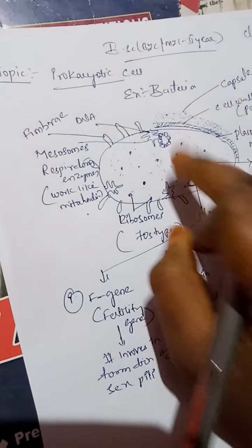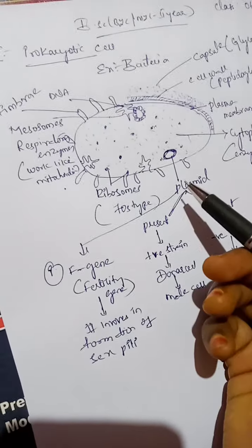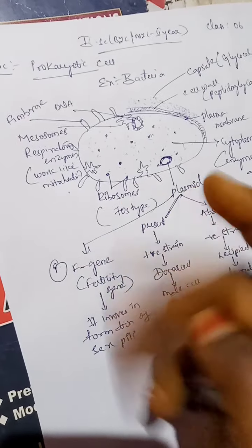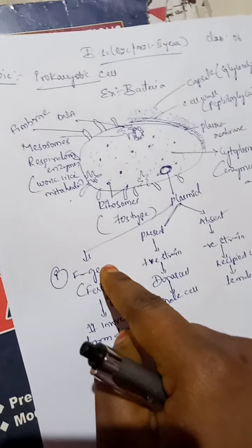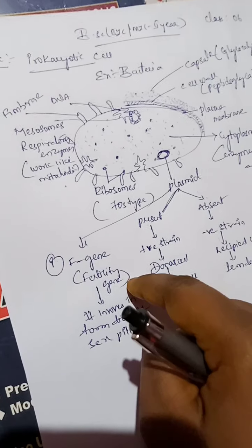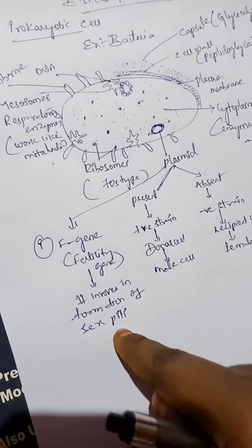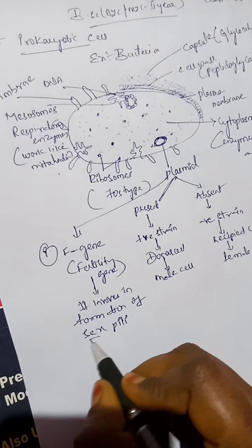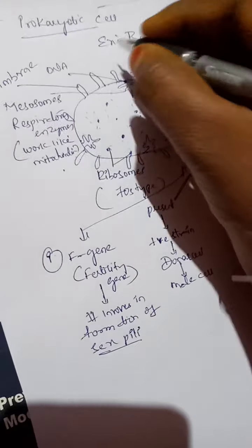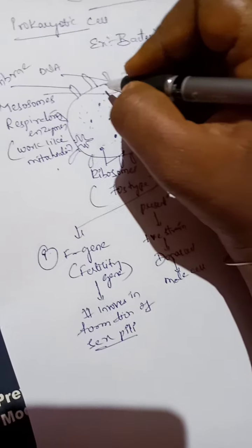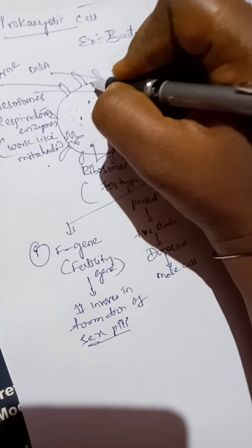Other than that, we are now discussing the plasmid. The plasmid has three important genes. The first gene is the F gene, the fertility gene, which is involved in the formation of sex pili. So what are sex pili? They are other finger-like projections, but a little bit bigger than fimbriae.